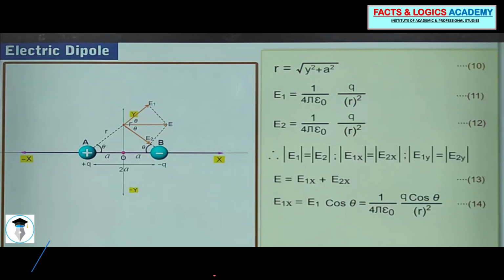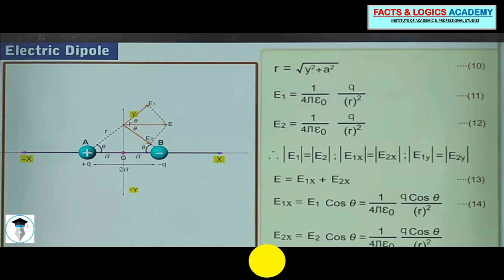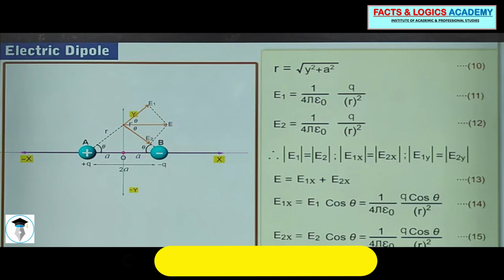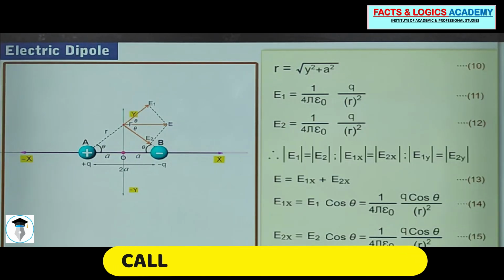Similarly, the angle between E2 and x-axis is theta, and hence E2x is equal to E2 cos theta. Substituting the magnitude of E2, we get E2x is equal to 1 by 4 pi epsilon naught into q cos theta by r square. Let us label it as equation 15.